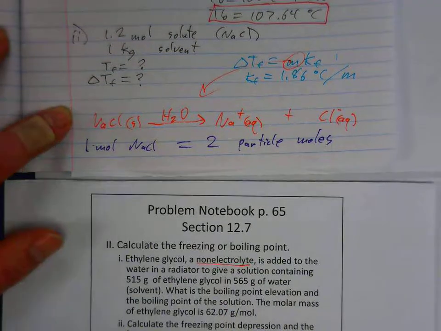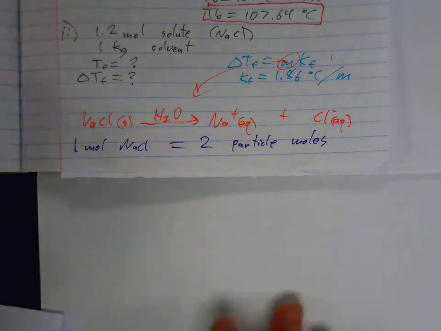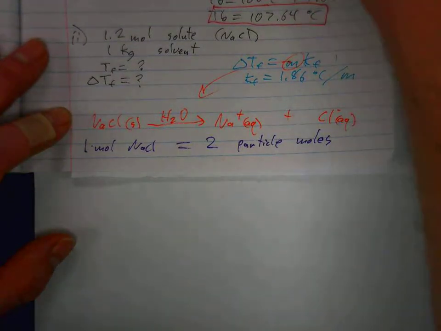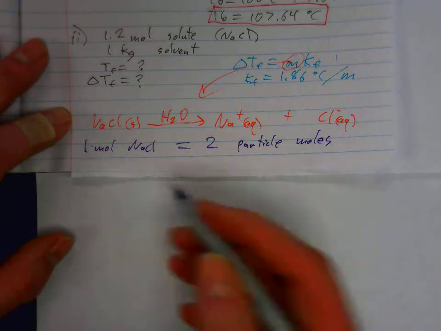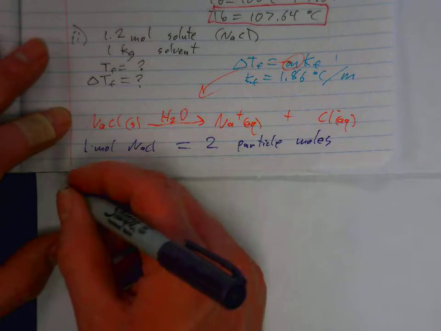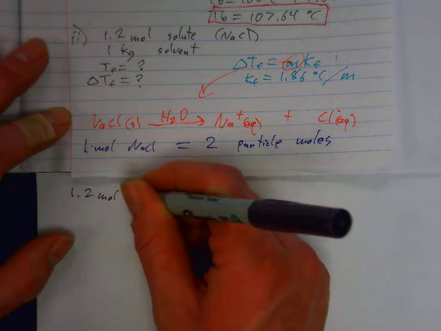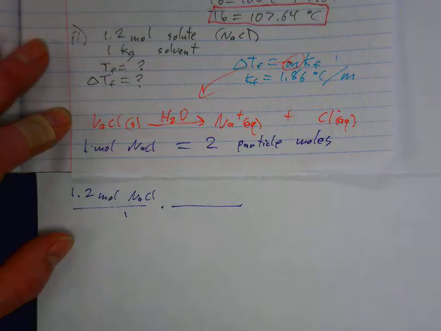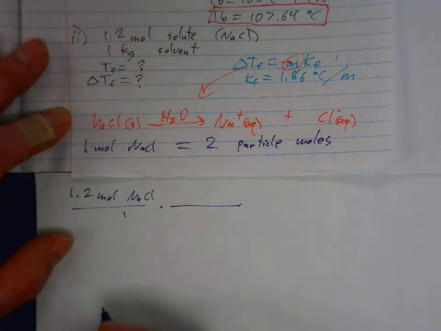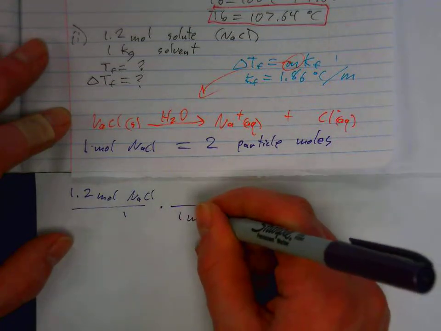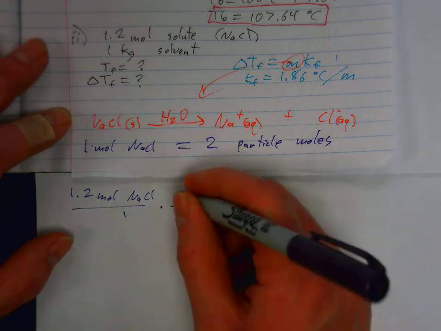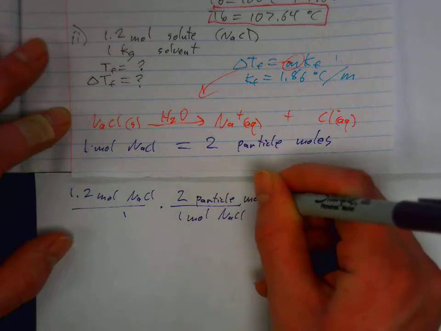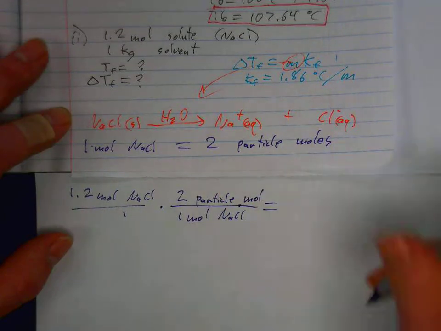So to find the particle moles, we start with the number of moles of solute. We have 1.2 moles of NaCl. Now, based on this expression here, for every 1 mole of NaCl, there are 2 particle moles. So we'll need to multiply 1.2 times 2. We have 2.4 moles.